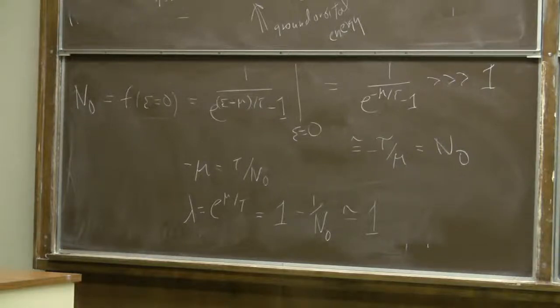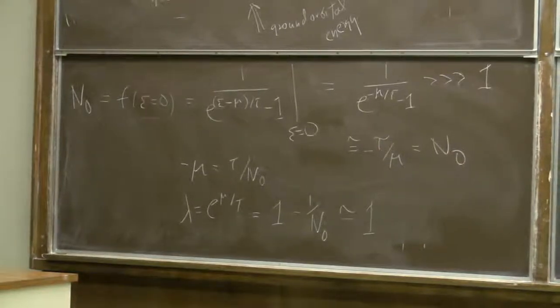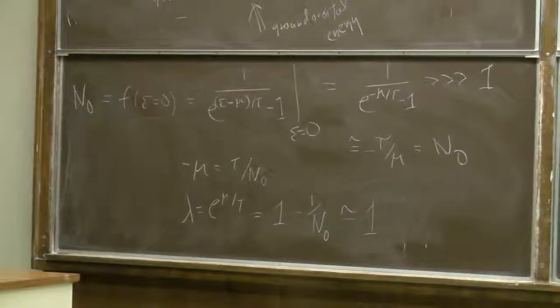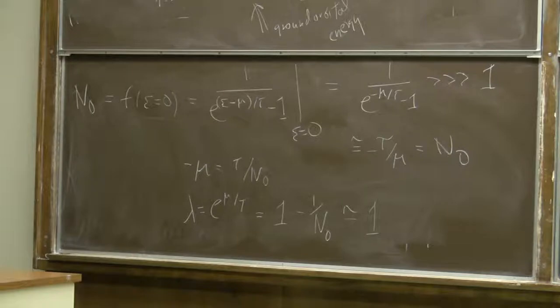Assuming the activity is essentially 1, we calculate how many particles are in all the excited orbitals, excluding the ground orbital. If we really have a Bose-Einstein condensate, that will have to be fewer than all the particles N. The ones that are left over are the ones in the ground orbital. In that way we'll be able to calculate as a function of temperature what fraction of the particles are in the ground orbital.